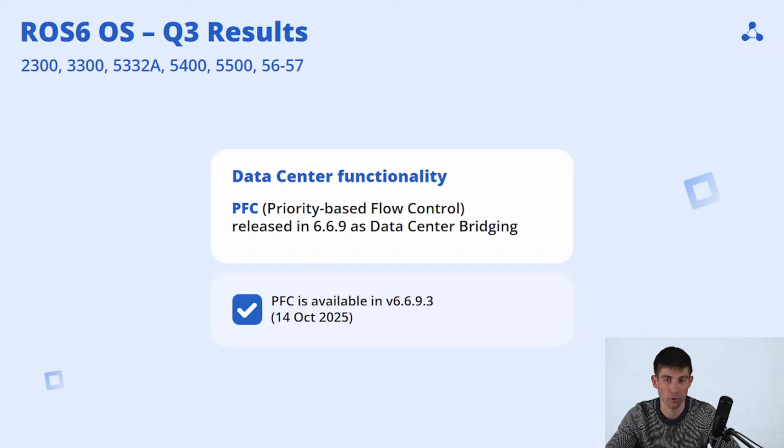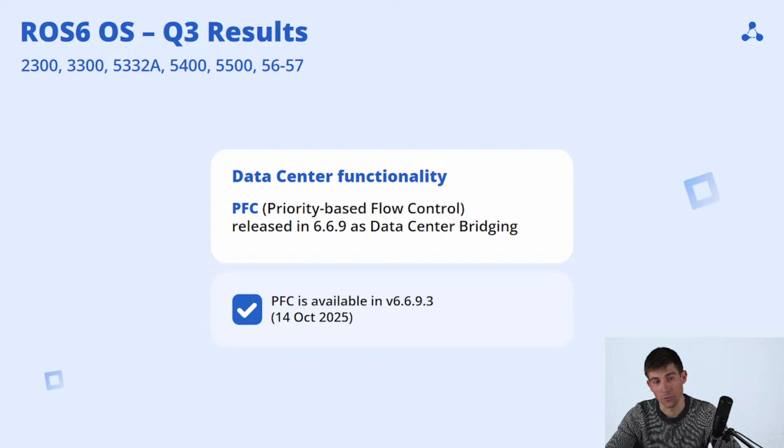It is priority-based flow control, and the difference from the regular flow control that you may be aware of is that in case of congestion, a switch may communicate to the sender of the data using what is called a pause frame, and pause the data transfer in order to prevent traffic loss. The packets will be kept in the memory of the sender, and when congestion disappears, it can proceed with traffic transfer.